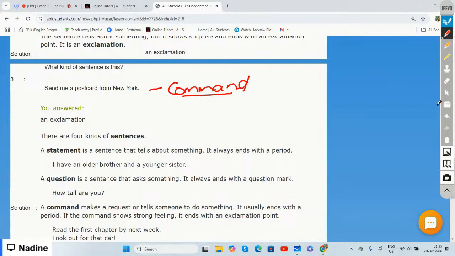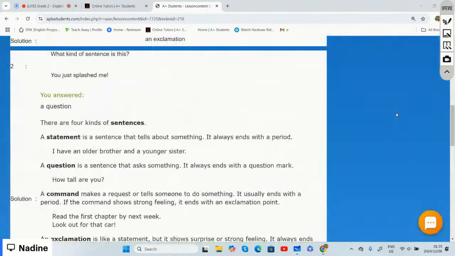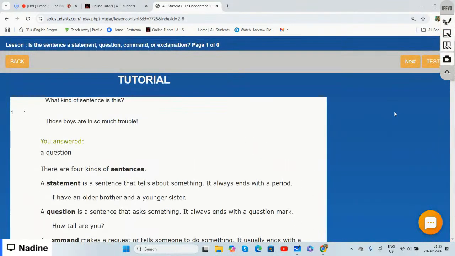All right. So now we're going to our test, where we're going to now say, is a sentence a statement, a command, an exclamation, or a question.